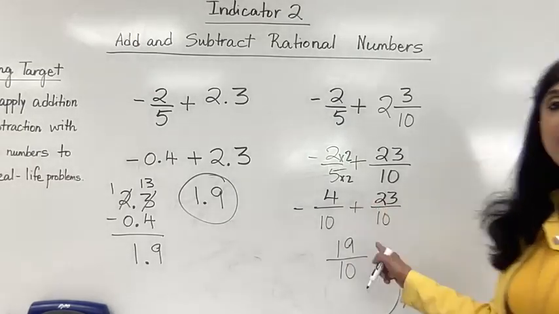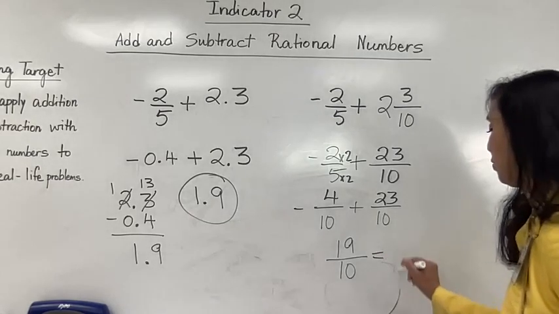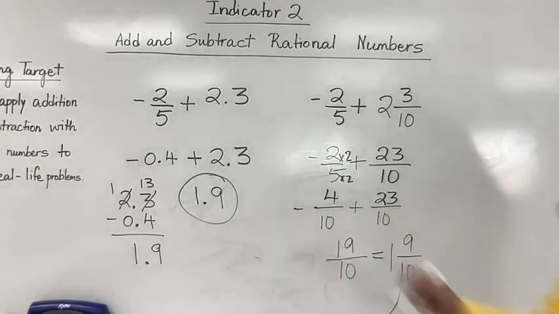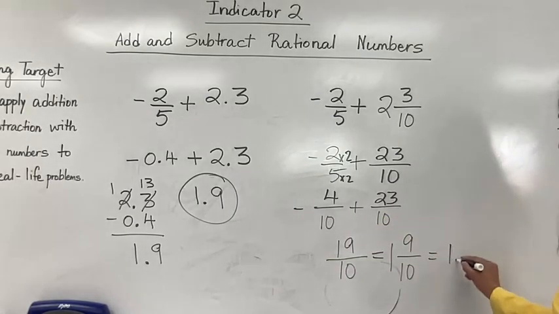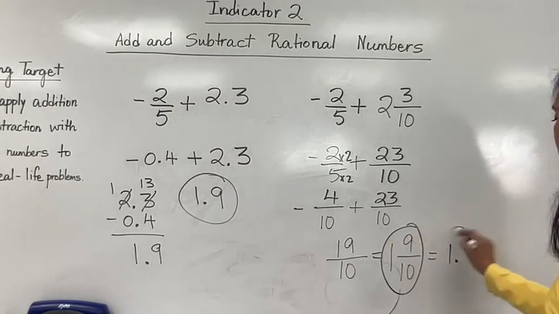And 19/10 is nothing but 1 and 9/10. If I convert to a mixed number, it is 1 and 9/10, same thing as that. So this is correct and this is correct.